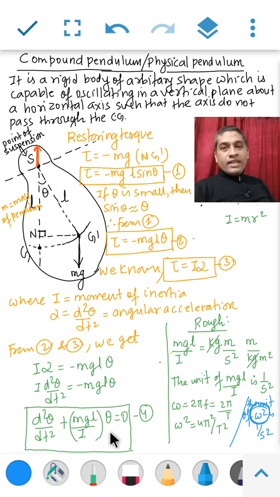You can also directly compare this equation with the standard differential equation, where you get omega square, but I am justifying mathematically, by considering the unit, that this ratio is omega square.